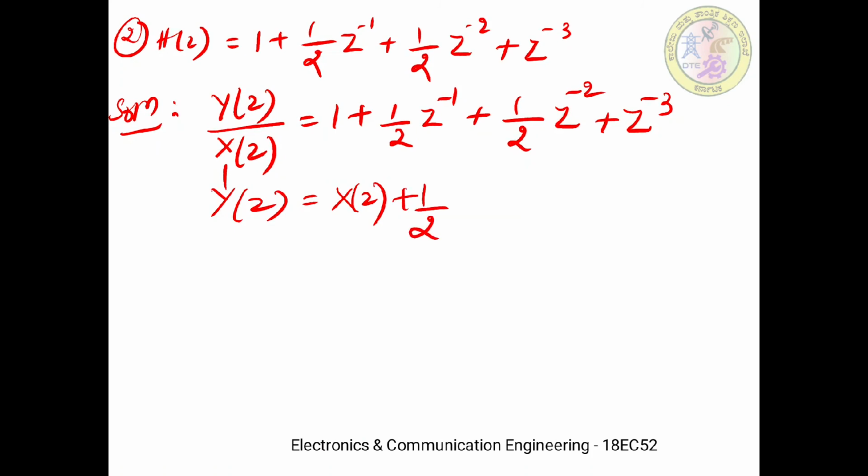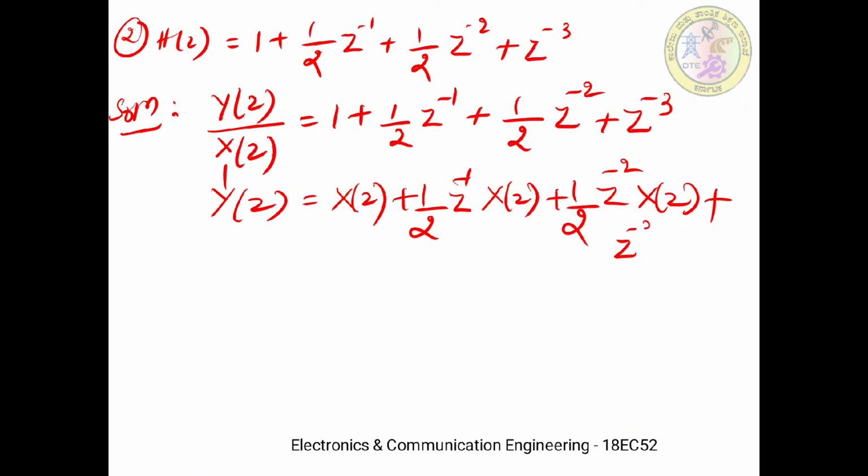So 1 by 2 into z inverse X(z) plus 1 by 2 into z to the power of minus 2 into X(z) plus z to the power of minus 3 into X(z). Okay, so now we will obtain y(n) directly by applying the IZT, inverse z transform.